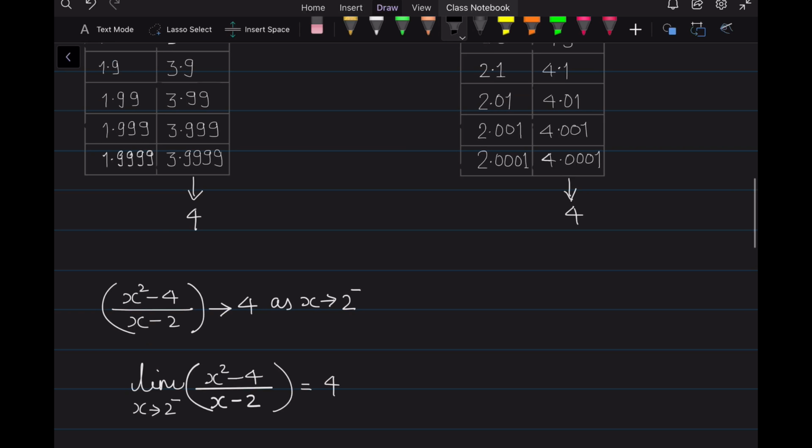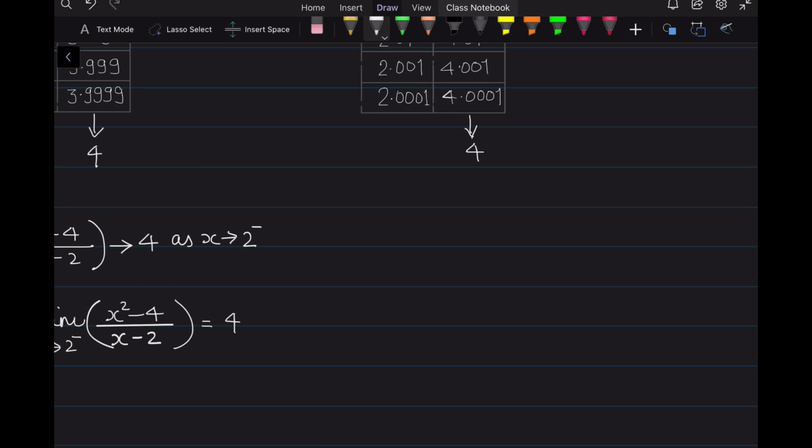And we write it as values of x squared minus 4 over x minus 2 approach 4 as x approaches 2 from the right side. And this is how we write x approaches 2 from the right side symbolically, by writing a plus sign as a superscript of this number 2, which shows that x approaches 2 from the right side.